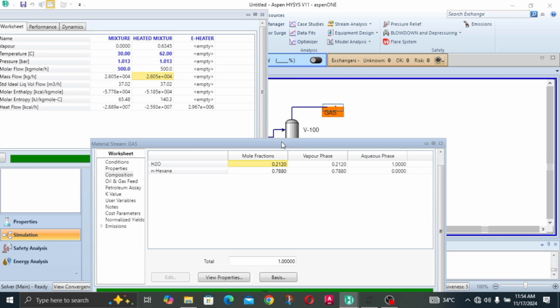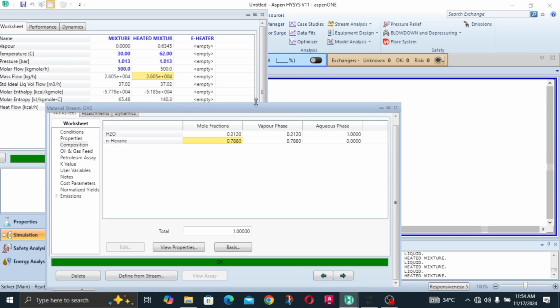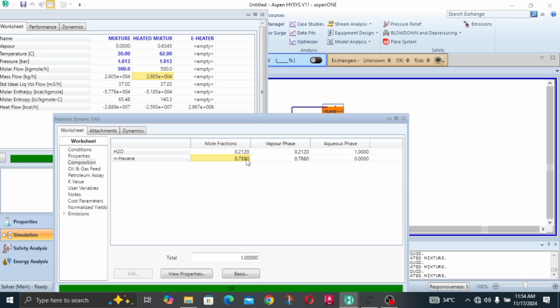where the liquid starts to turn to gases. And at that temperature, we would be having a composition in our gas outlet. Remember, we're in the gas outlet. We'll be having a composition of 78.8% hexane and 21.20% H2O. So basically, this is the best we can achieve with this separator.